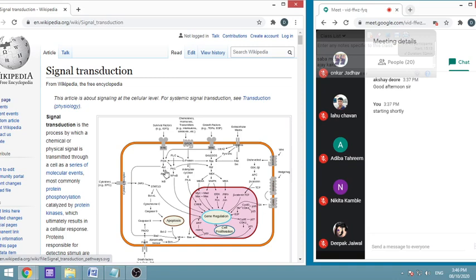Then this is AKT, also called protein kinase B, and this AKT is responsible for further activation of various genes, like BCL2, which is an important one, and thus it will play an important role.